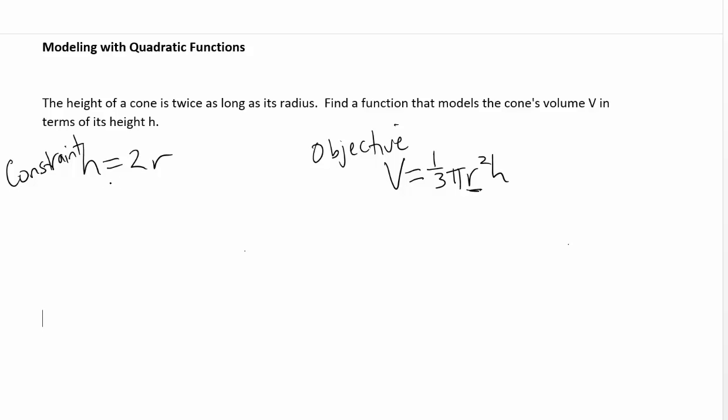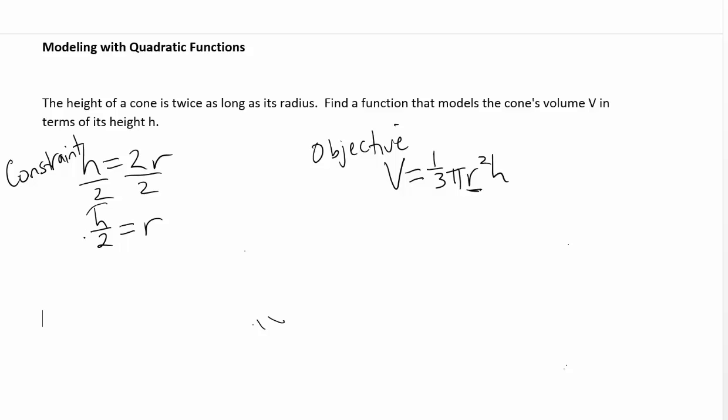If it's the r that we're trying to get rid of, then we want to go to our constraint and solve that constraint for r. So if we solve this for r, we divide both sides by 2, and that tells us that a radius must always be h over 2.